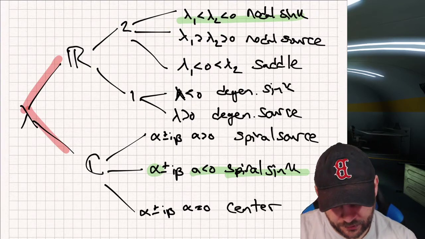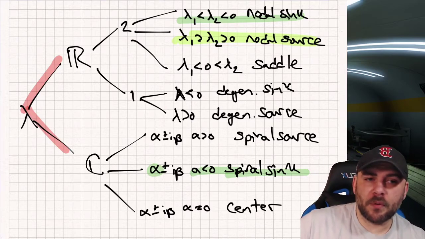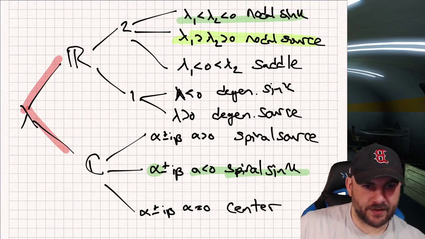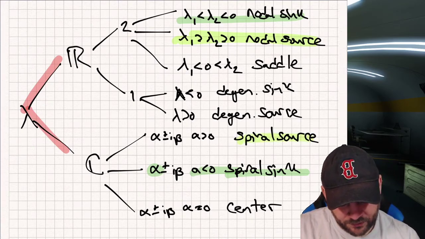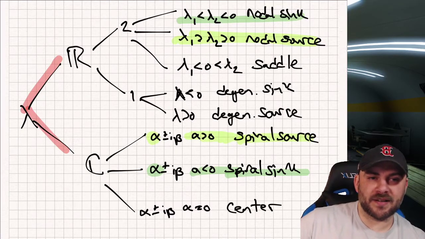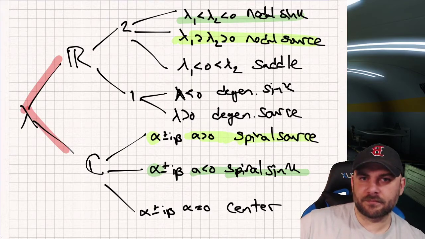Okay, let's look at nodal sources. Nodal sources occur when both of my lambdas are positive valued. Cool. What about a spiral source? A spiral source happens when the real part of that complex eigenvalue is positive. Aha! There's something in common there.